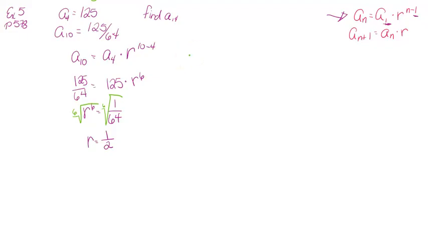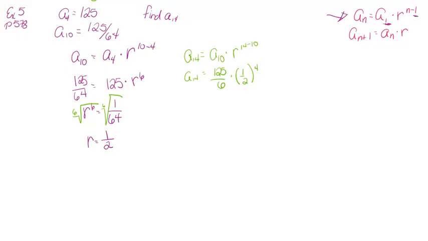So the first one here, I'm going to do a sub 14 is equivalent to a sub 10 times r raised to the 14 minus 10, because 14 is my n. So really, a sub 14 is equal to 125 over 64 times my r, which is 1/2, raised to the 4th power.